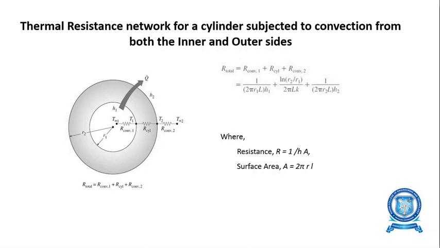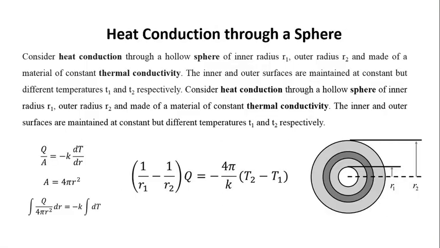Here we are using the cylindrical shaped element, therefore ln R2 by R1 divided by 2 pi L K, plus again the convective resistance 1 by HA, where instead of A we are substituting 2 pi R2 L, into H2. So in case of the cylinder, everything remains the same except the area.